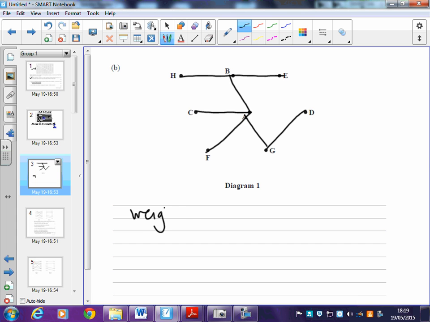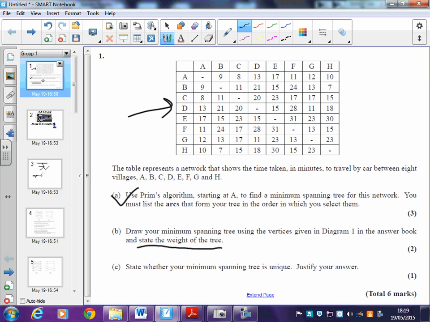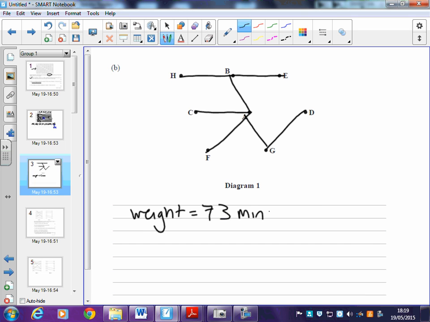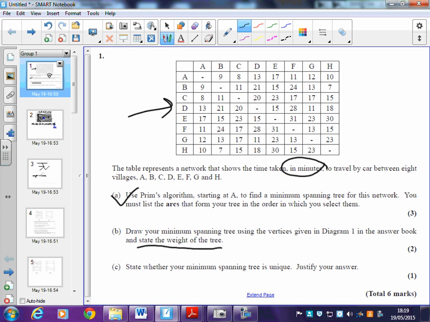So my weight is equal to 73. You don't generally get a mark for units, but it's nice to have them on. We can see that this was talking about minutes, so this is 73 minutes. Okay, we've now got everything we need for part B.